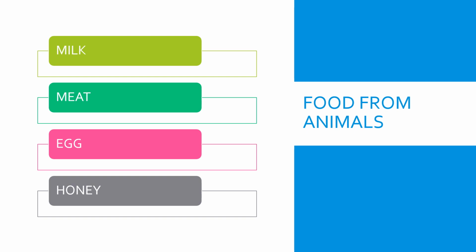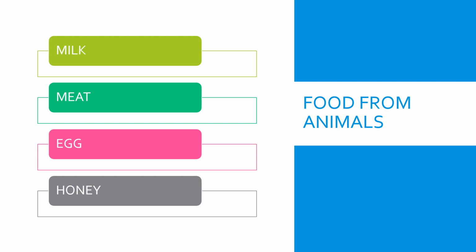Where is milk obtained from? It is obtained from animals such as cows, buffaloes and goats, and it is used to prepare a variety of products such as butter, ghee, curd and cheese. Meat is obtained from animals such as goats and chicken, and people also eat many kinds of fish, shrimps, lobsters and other sea animals.